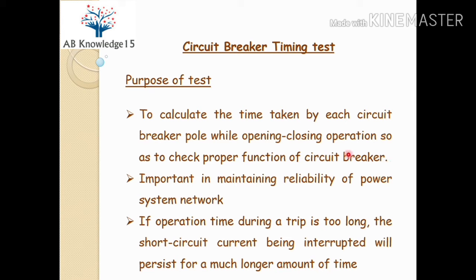A circuit breaker closes and opens according to the requirement. It closes upon command and opens on command or any other tripping. So we have to calculate the time taken by each circuit breaker pole. There are 3 circuit breaker poles according to the phases R, Y, B, so we will calculate individual pole timing values.